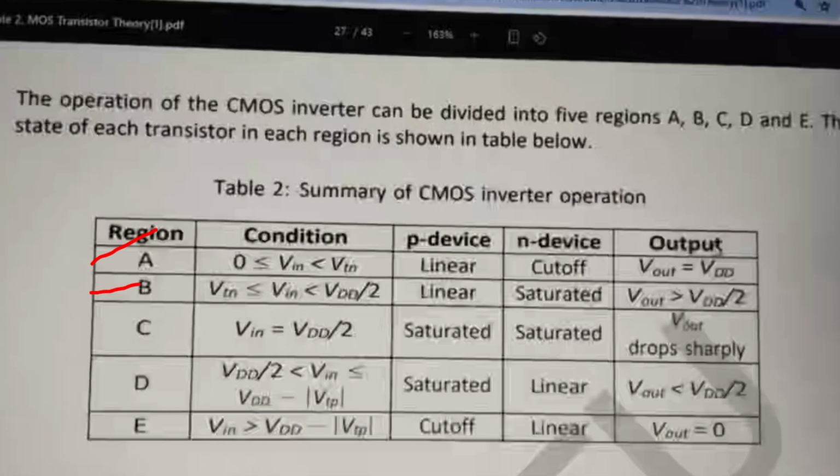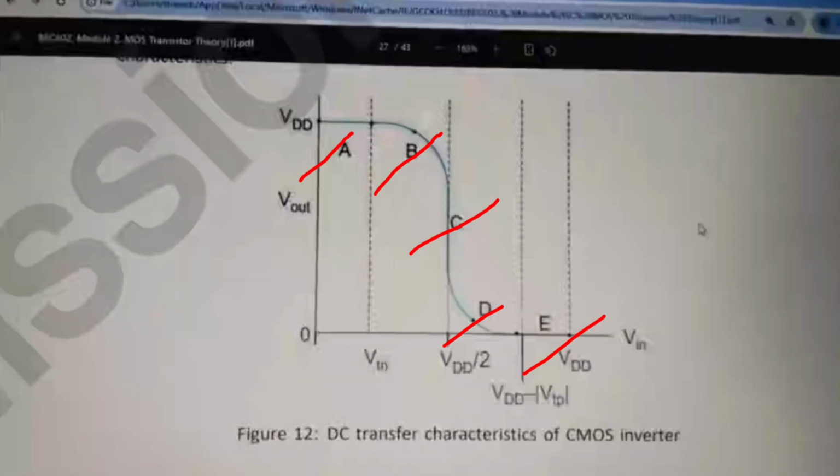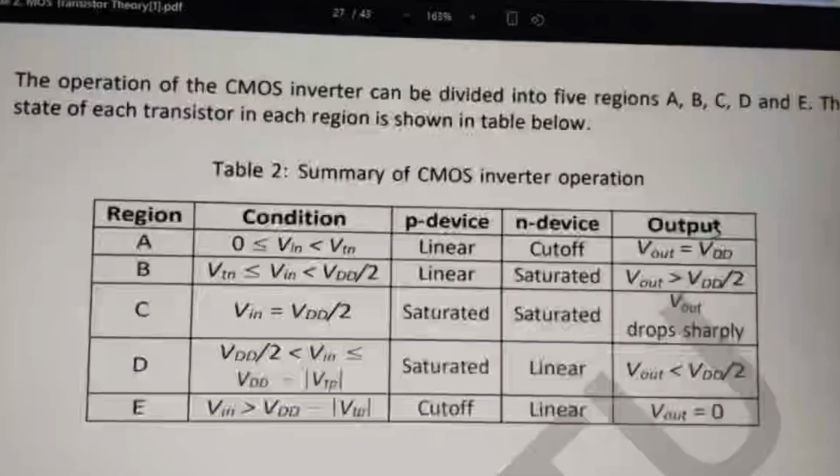Regions A, B, C, D and E. There will be a condition, how the P device and N device will act, whether it will act in the linear region, saturation region or cutoff region, according to that condition. Okay, for whatever A, B, C, D, E you have drawn, for that only you are supposed to make a table, and also you write the output section.